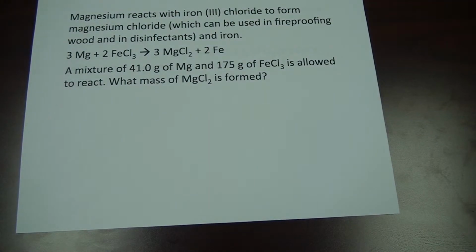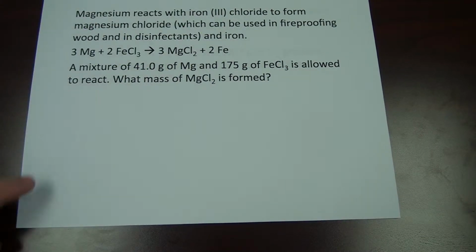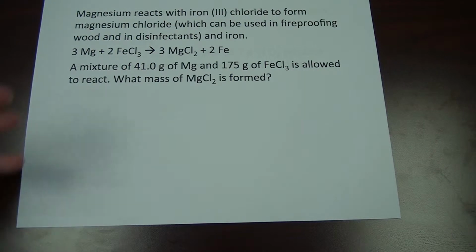Let's do another one of those. So magnesium reacts with iron 3 chloride to form magnesium chloride, which can be used in fireproofing wood and in disinfectants. So we're producing magnesium chloride and iron in this reaction. Again, check if it's balanced. It is.